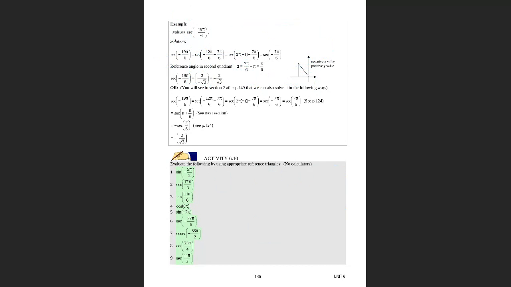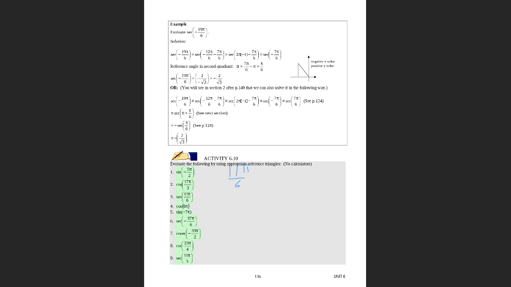Now, our next one, we have 11 pi over 6. So as we see, we must be able to write it as a multiple of 2 pi and other angles.